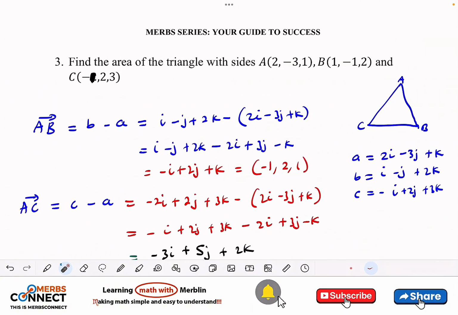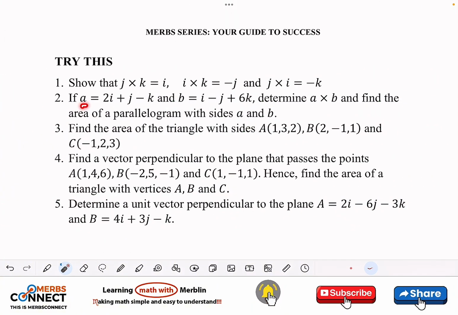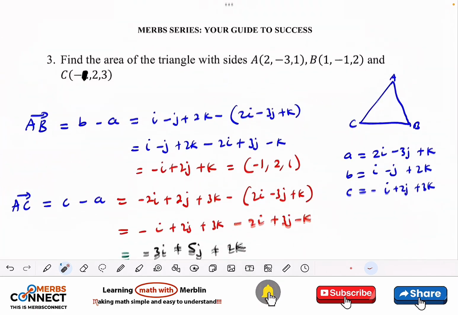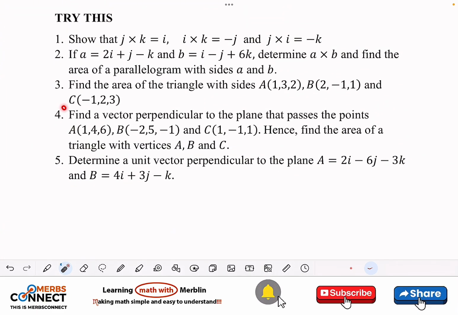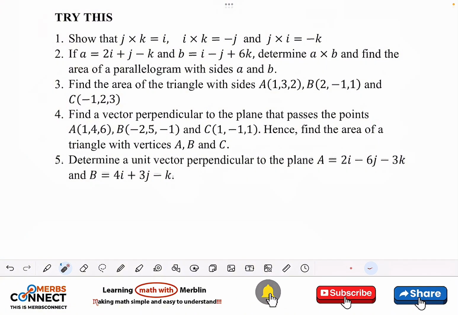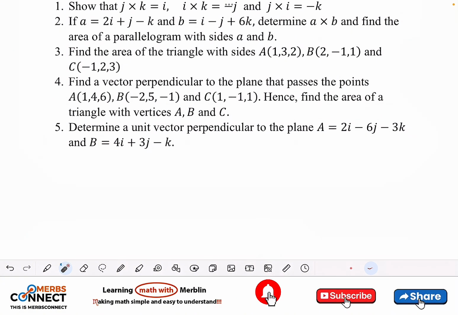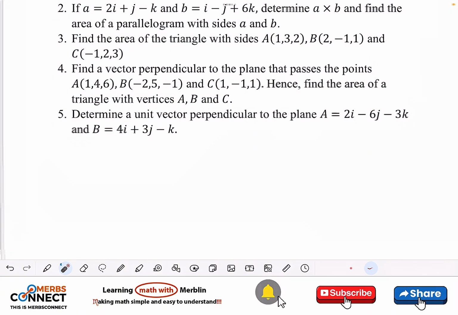Good. And then if A is this and B is this, determine A cross B and find the area of the parallelogram, the same thing like example 2, and then find the area of a triangle, the same thing like the example that we just did. And then I'll just talk on questions 4 and 5.